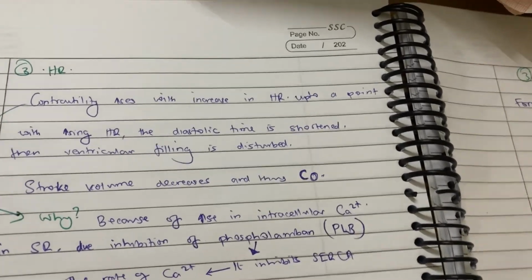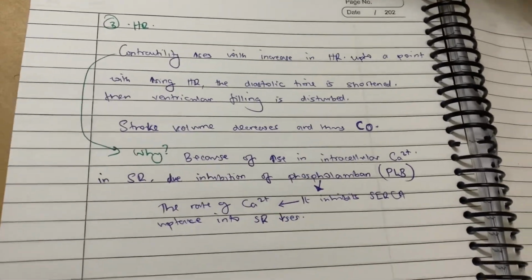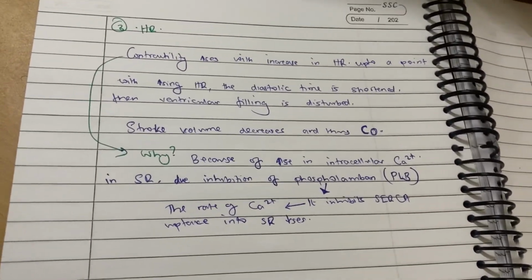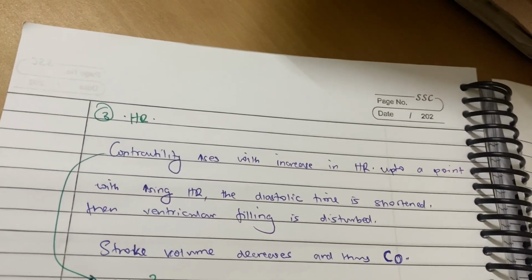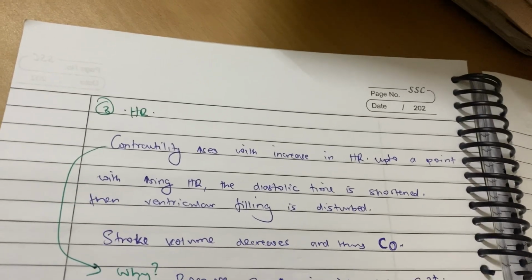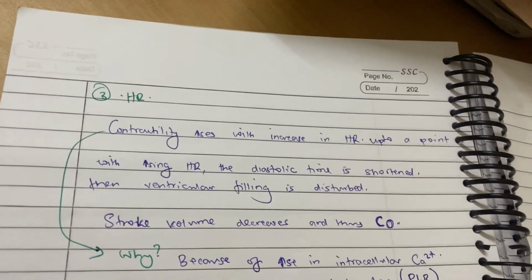At 500 it's still increasing? No. Tachycardia is important, but not all tachycardias. So what is the normal range? What is the limit beyond which contractility with increase in heart rate decreases?